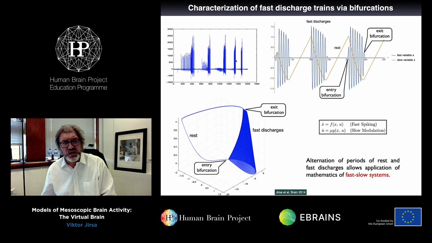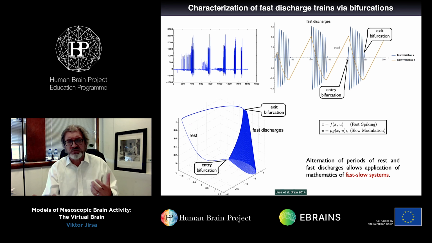We can actually illustrate this mathematically as what we call a fast-slow system. Slow discharges. And there we can go back to the mathematics that we're familiar with and say this must be described very fundamentally by theorems linked to fast-slow systems.